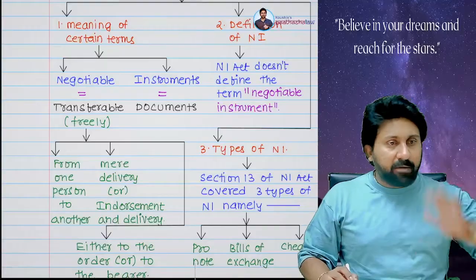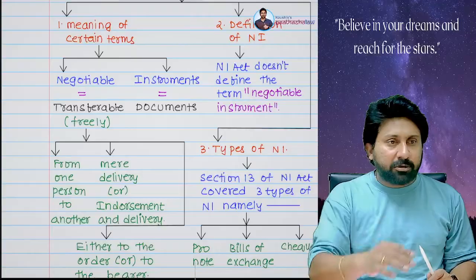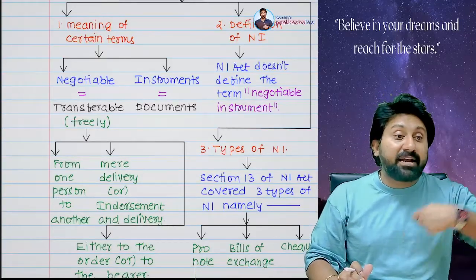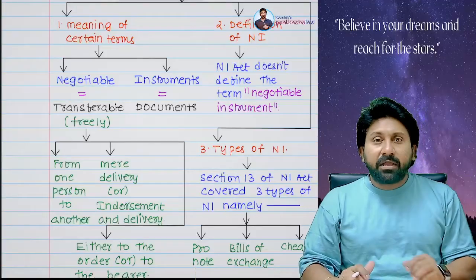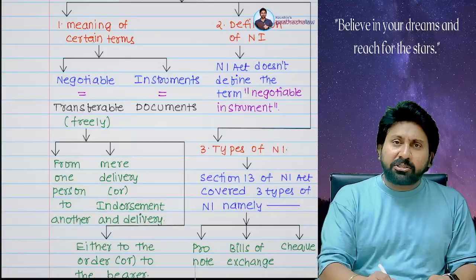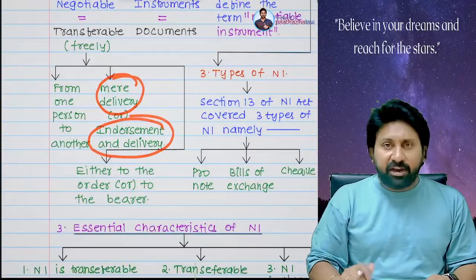If you hold it, you will become the owner. It's like a cinema ticket. For example, I have a cinema ticket, I lost it, some other person took it, he becomes the owner. It's a bearer instrument, and the ownership is transferred by mere delivery. Understood? So no signing, nothing is required. Endorsement not required. So negotiable instruments are of two types: mere delivery negotiable instrument and endorsement and delivery negotiable instrument.